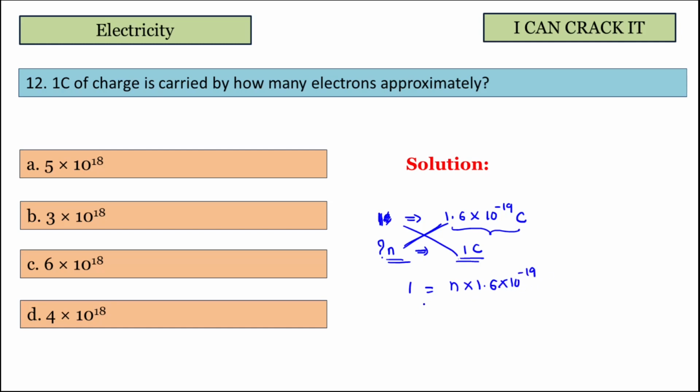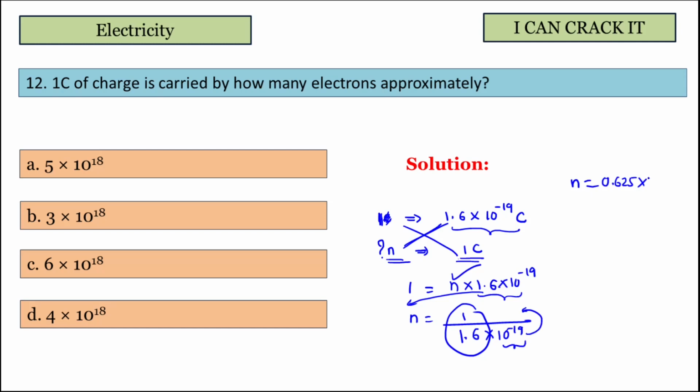Now if you want the value of n, you take these terms towards LHS and divide. You get 1 divided by 1.6 into 10 raised to minus 19. Now, 1 by 1.6, if you divide, you get 0.625. 10 raised to minus 19, if you take it above, becomes 10 raised to plus 19.